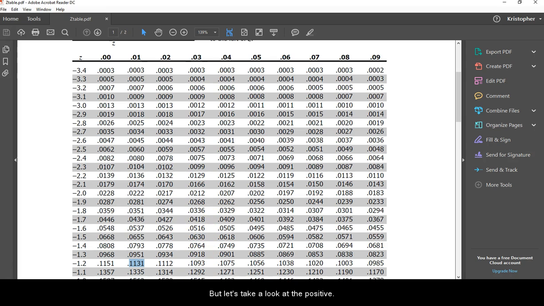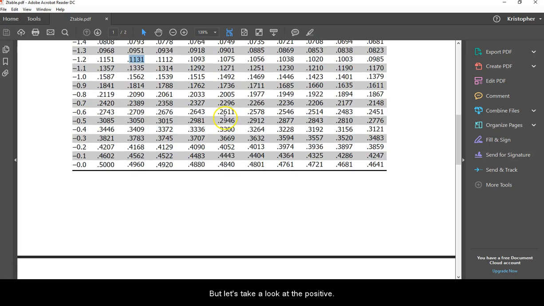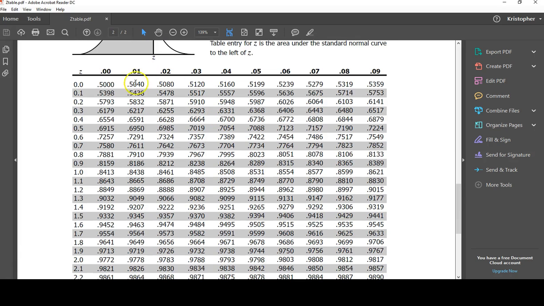But let's take a look at the positive value. So 1.21 gives us 0.8869, and we subtract that from 1.